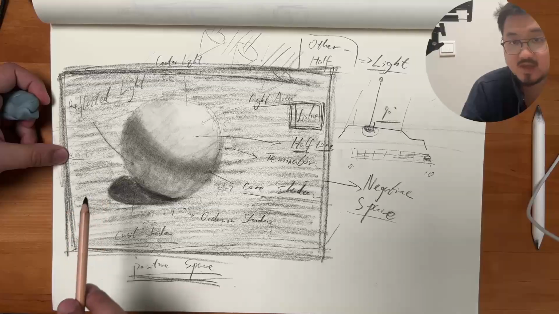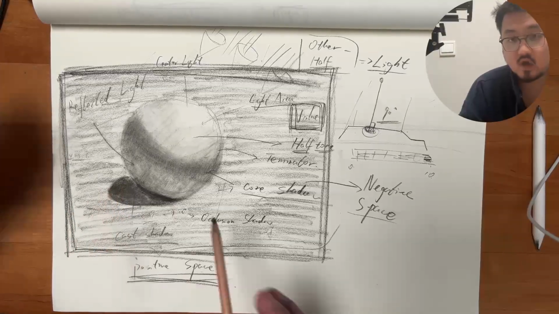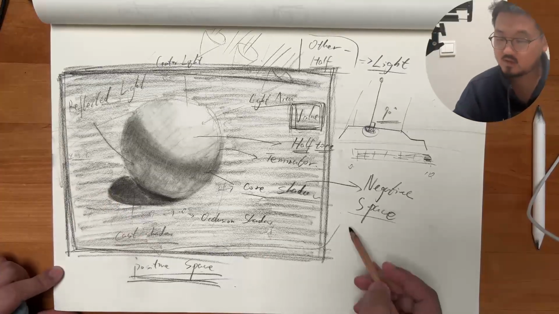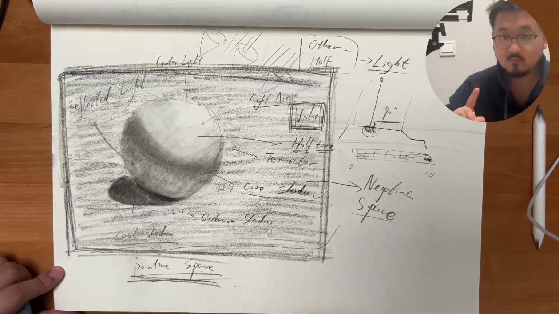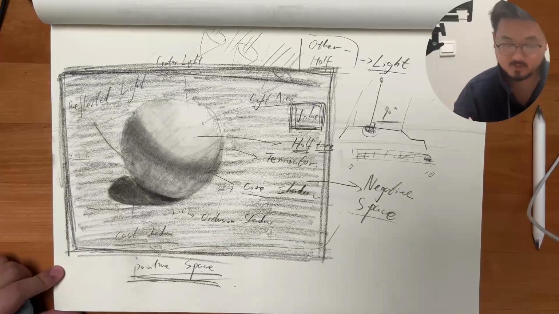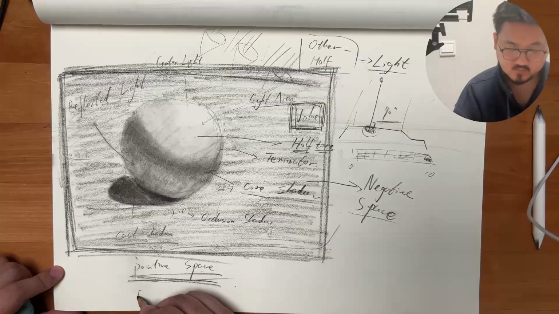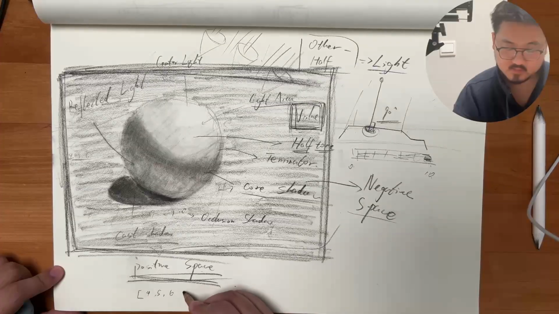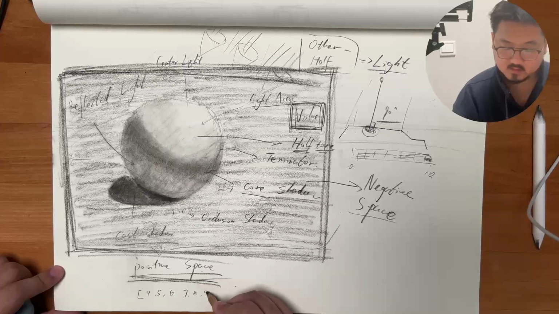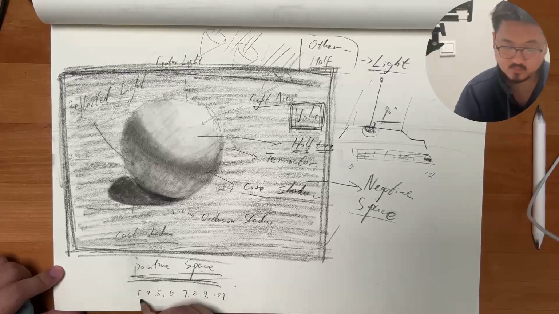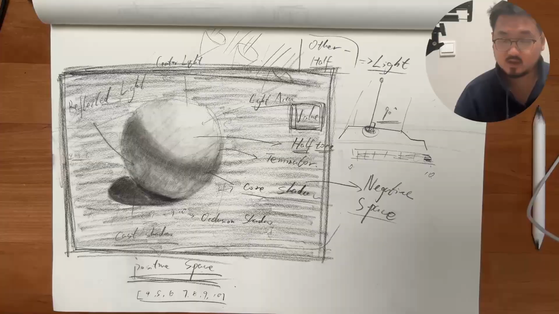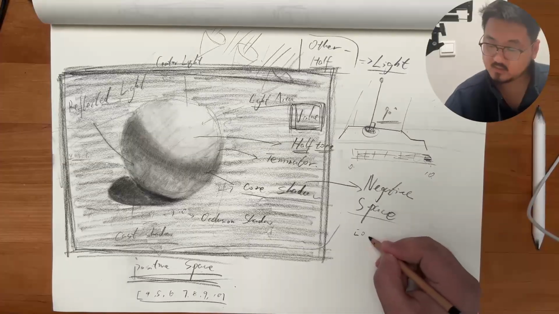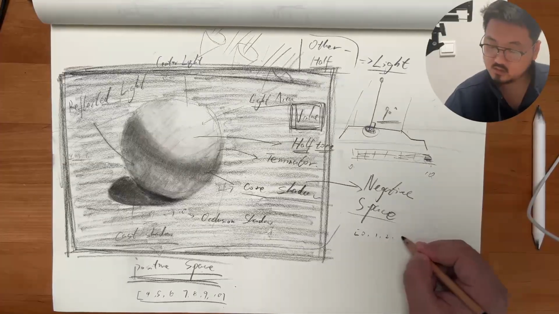You can just make it very close to 4 or even overlap by using the value range, okay? So the positive space, for example, 4, 5, 6, 7, 8, 9, all the way to 10. If that's the value range of positive space, the negative space can be 0, 1, 2, 3.